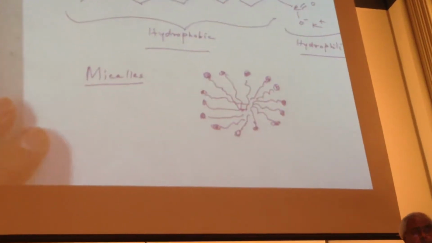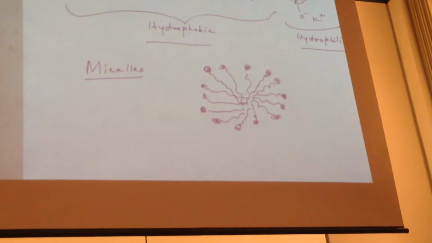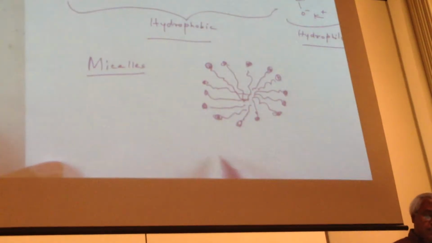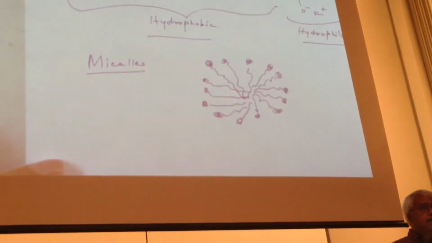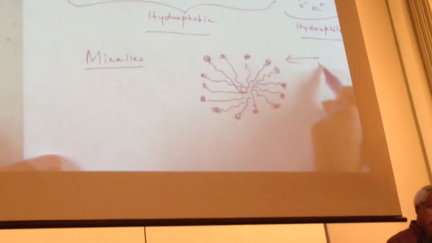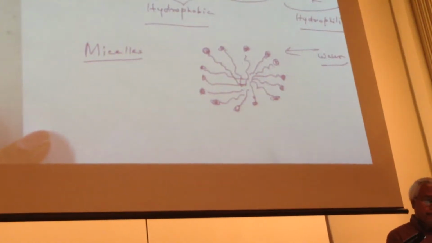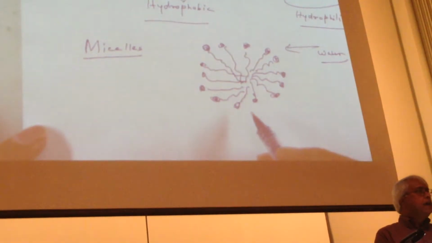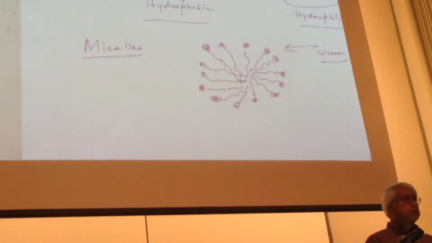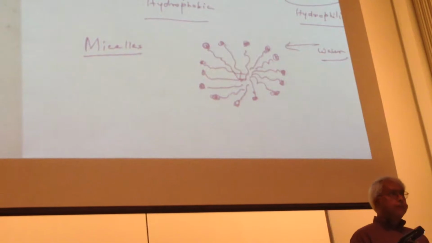So essentially it generates something like this, where the head groups, or the carboxylate anions, are exposed to the water and can interact with water. The inside core avoids water as much as possible. That's why they aggregate like that.